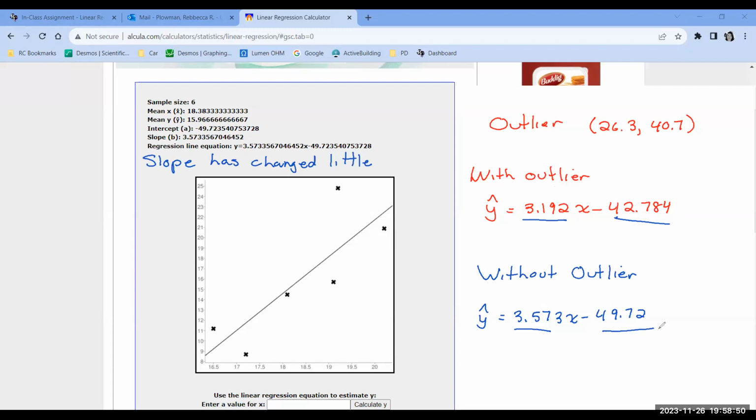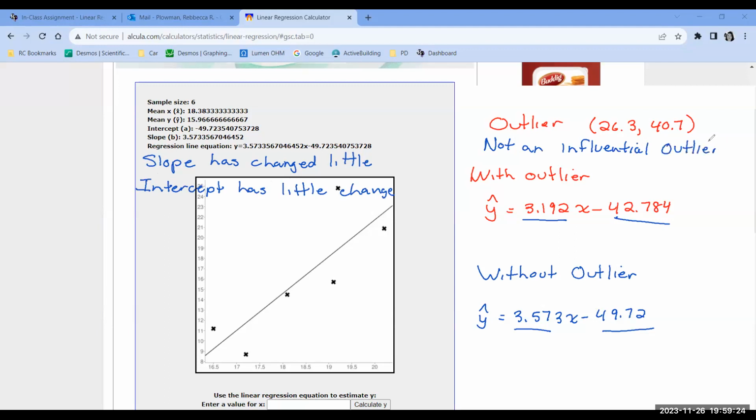It's saying that initially I started at 42, and the other one is like 43 and then 50. So not a huge change again. The slope has little change. The intercept has little change. In that case, what we'd say is that this is not an influential outlier. Still maybe an outlier, it's just not influential.